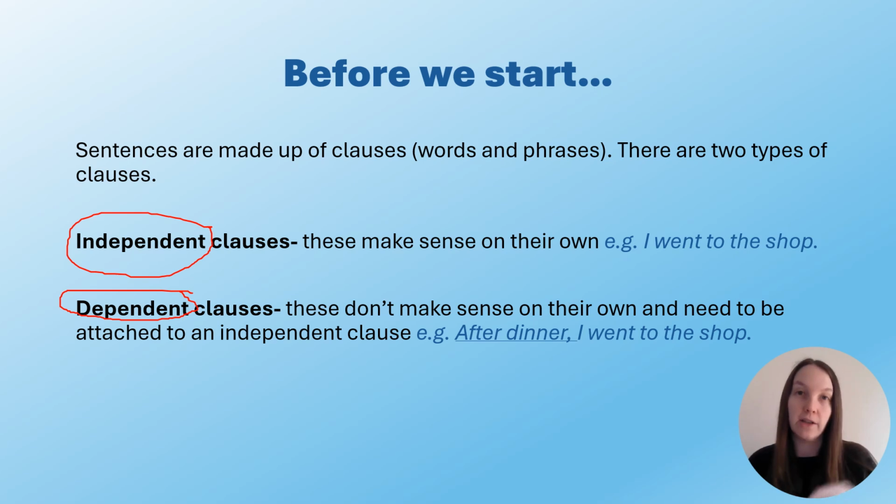It might be a child to a parent. A child is dependent on their parent. It might be a patient in the hospital who's dependent on the doctors and nurses. So I like to remember it in that way. Independent makes sense on its own. Dependent doesn't make sense on its own. So it has to be attached to an independent clause. With that in mind, let's have a look at the next slide.